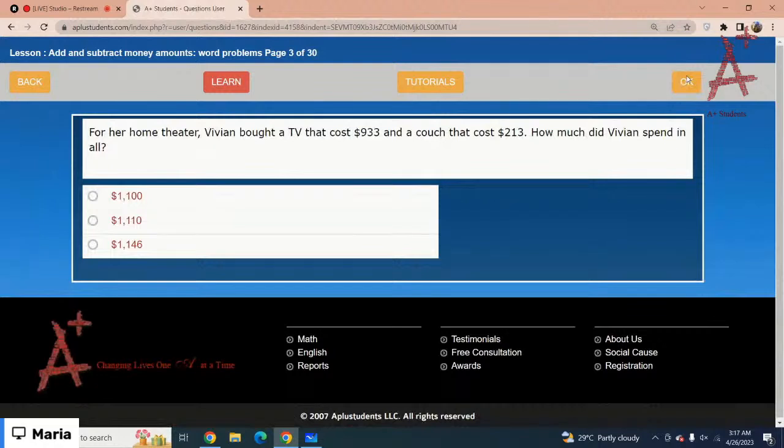For her home theater, Vivian bought a TV that cost $933 and a couch that cost $213. How much did Vivian pay in all? You have to calculate the total money.